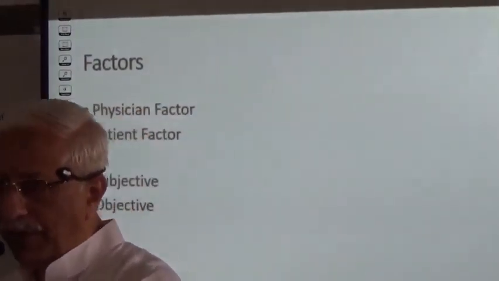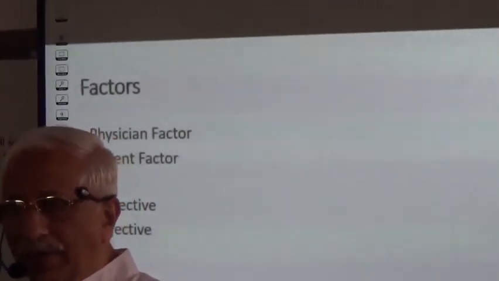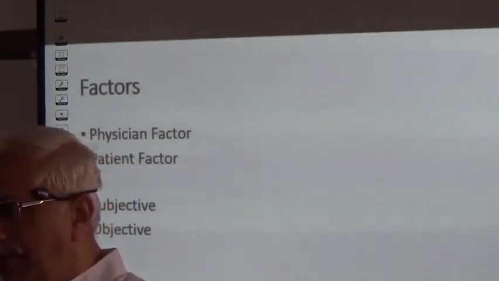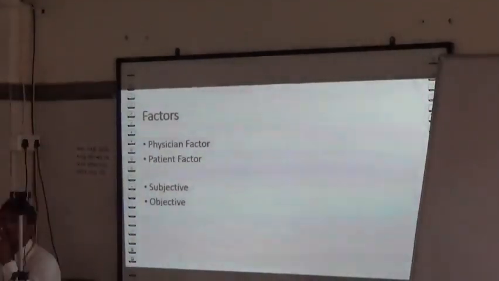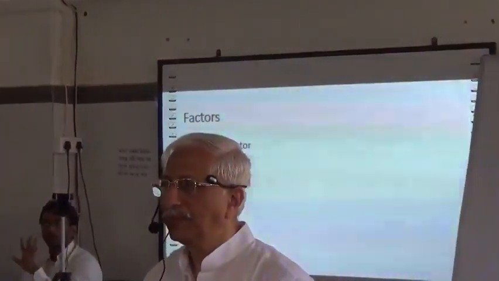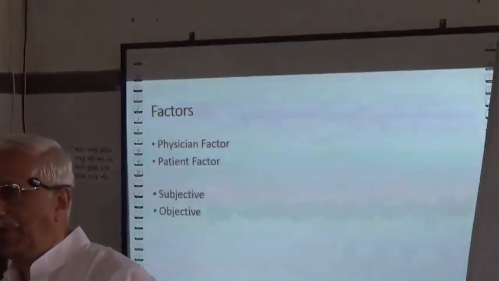If we go a little further at the final level: the subjectivity of the patient, subjectivity of the physician, objectivity of the physician and objectivity of the patient. Is this point clear? What is subjectivity? What the patient feels.